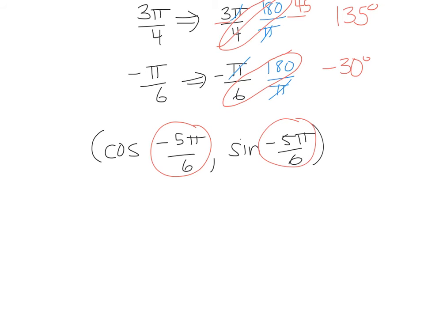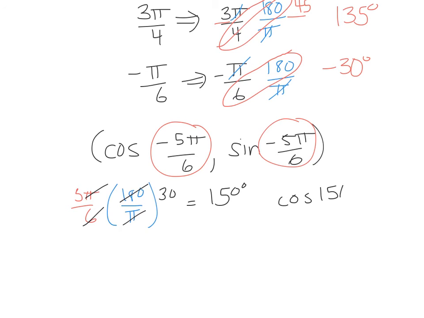So 5 pi over 6, to change it to degrees, I'm going to multiply it by 180 over pi. These two cancel out. So it's 30 on the top, so 5 times 30 is 150 degrees. So now you're doing the same thing as the cosine of 150 and the sine of 150.